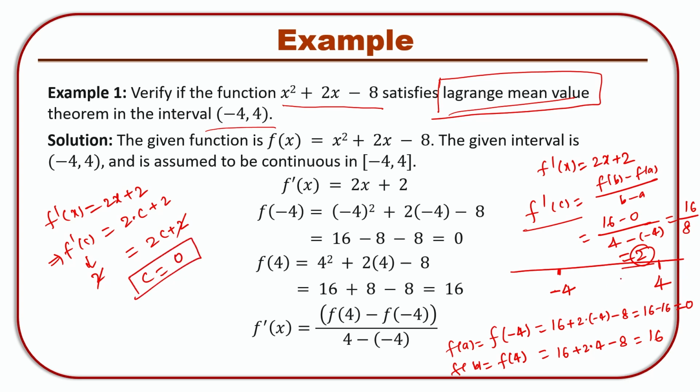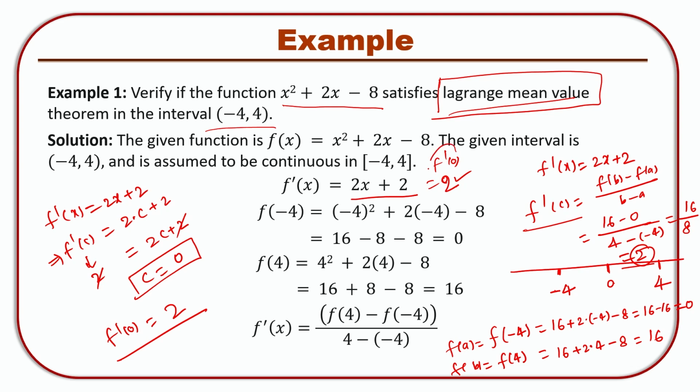So between minus 4 and 4, 0 is the point where f'(0) is going to be 2, and that is true, right? Put x equal to 0 in 2x plus 2, and f'(0) is 0 plus 2 equal to 2, right?